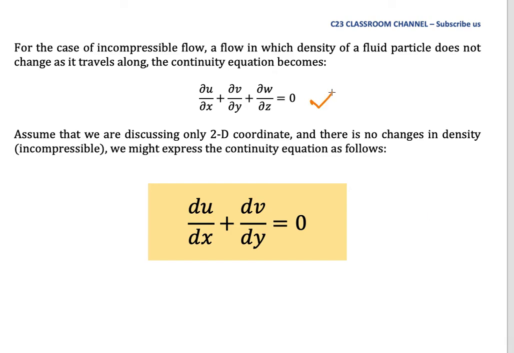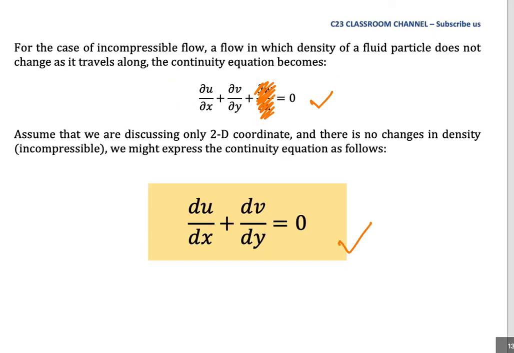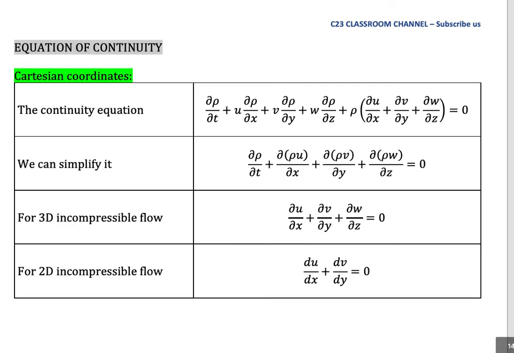If you do the calculation only for two-dimensional coordinates, you could neglect the z-axis, and this is the continuity equation for Cartesian coordinates. So this is the basic idea. What you need to do is just do this at home and try to get the idea of how it can be simplified.